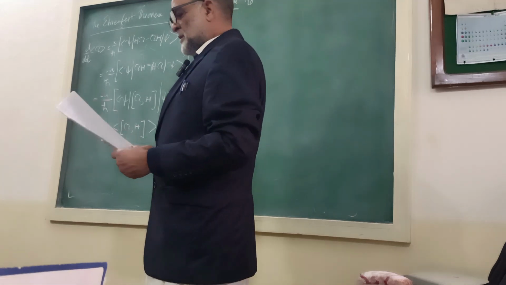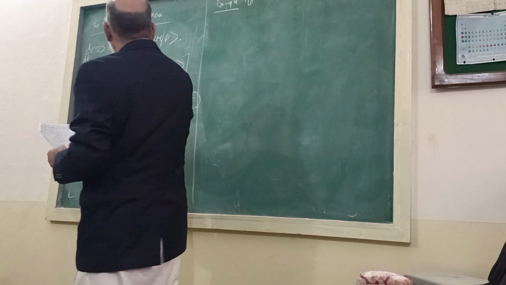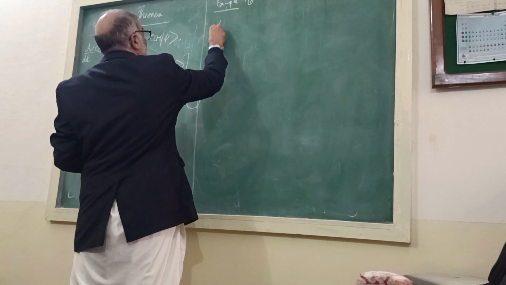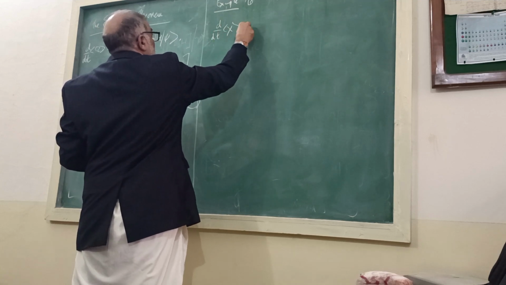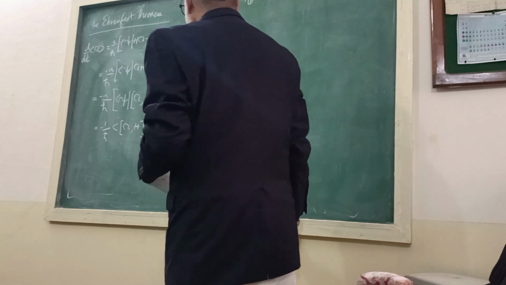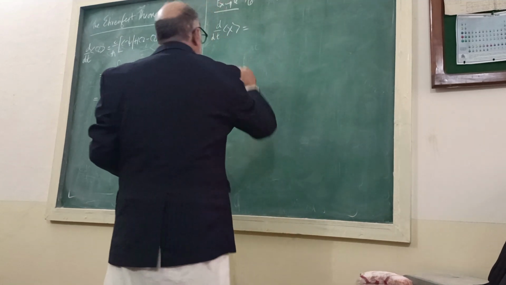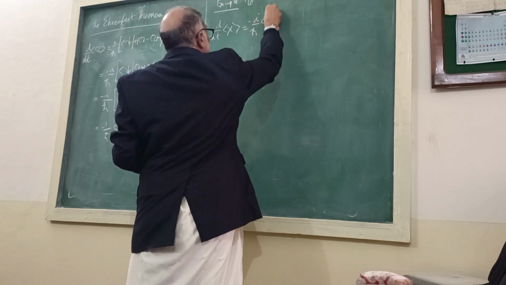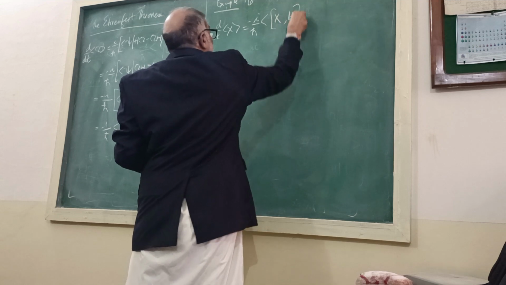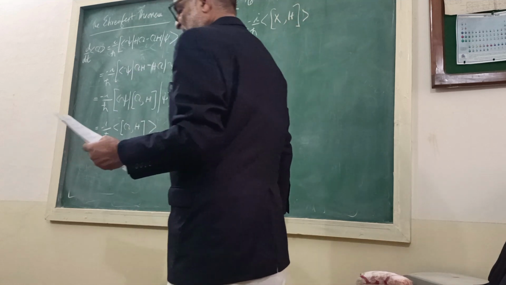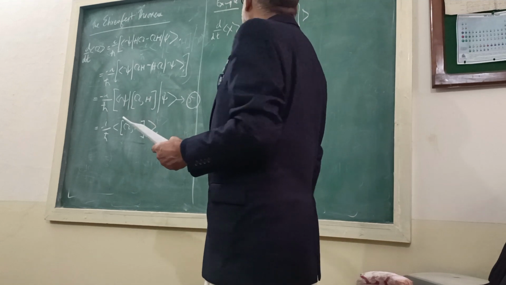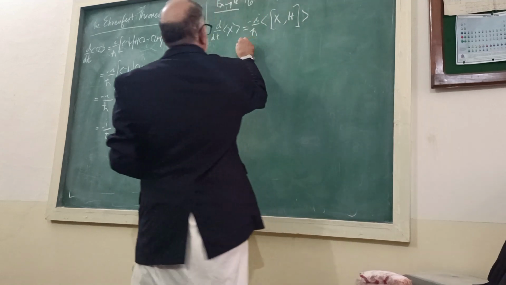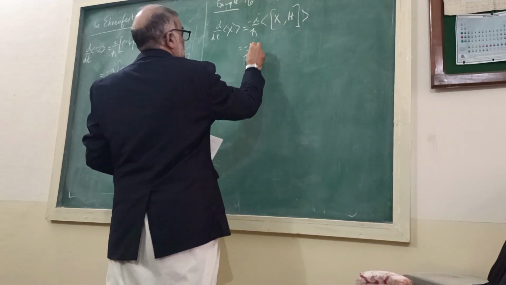If omega is equal to x, then by the Ehrenfest theorem it should be like this, right? d by dt of the expectation value of x will be equal to minus i by h cut, the commutator of x and H.